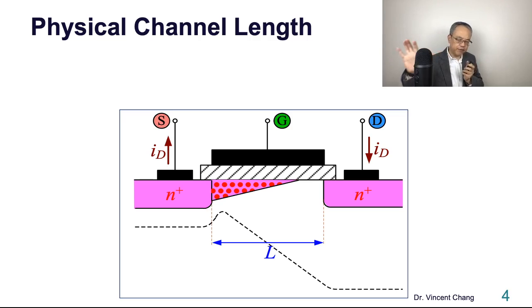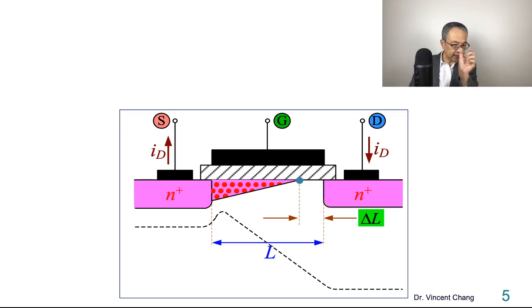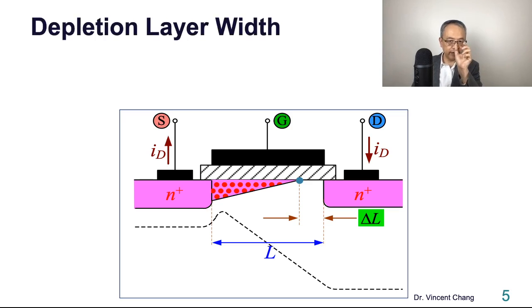On the source left-hand side it is narrower, but on the right-hand side it is broader, and then goes gradually wider and wider. This is filled with the depletion region, the depletion layer. This length is the depletion layer width along the horizontal direction.